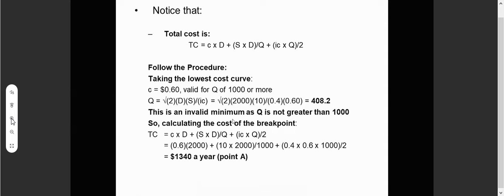If we would like to get the price of 60 cents, we need to increase our order quantity to at least 1,000 units. So the value of Q in calculating the total cost needs to be replaced with the minimum order quantity of 1,000.